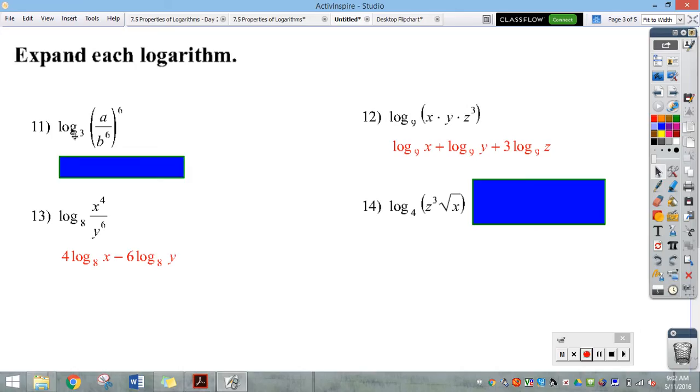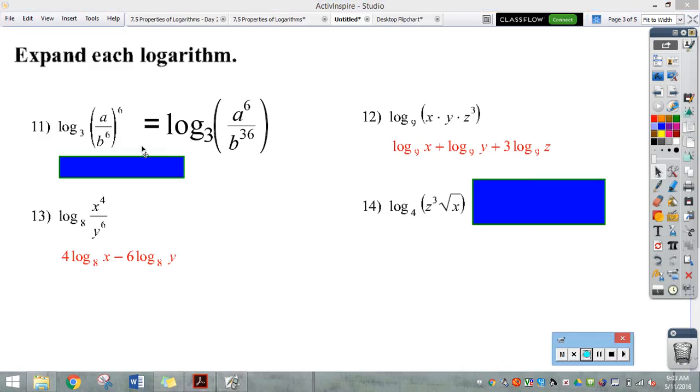Number 11, the reason why I skipped it is because it adds in an exponent property or exponent rule that you need to remember. Remember that if I raise a fraction to an exponent, both the top and the bottom get that exponent. So if I rewrote this, it would be log base 3 of a to the 6th over b to the 36th.